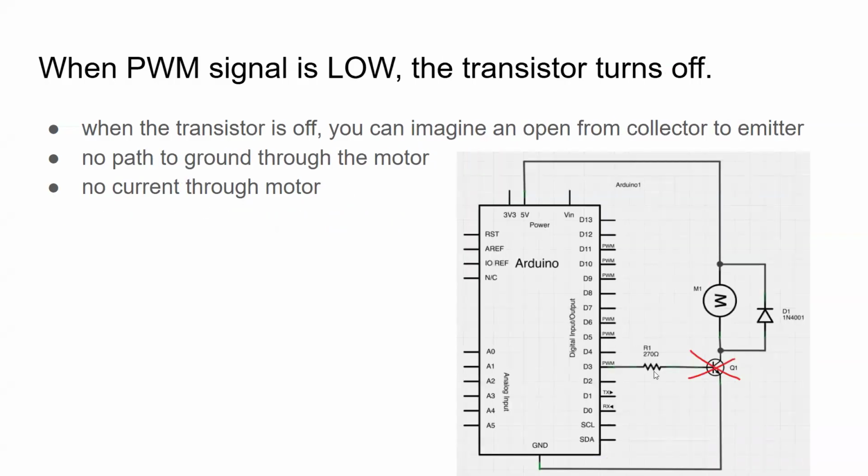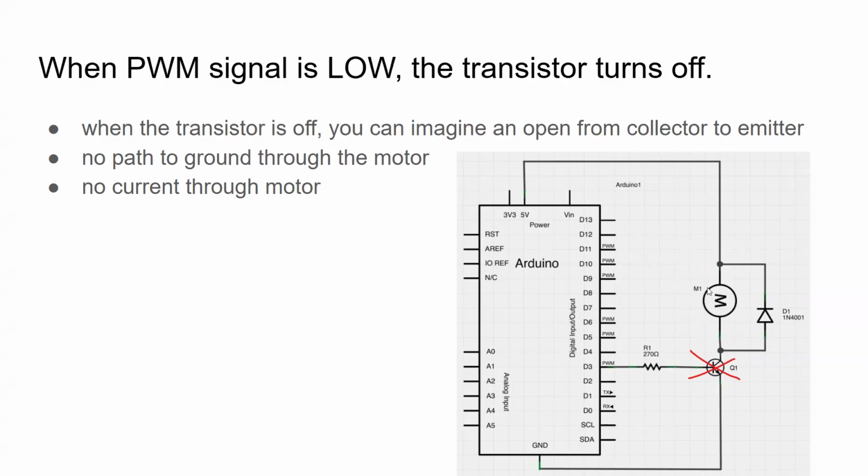When I have my PWM signal low, right, so this is effectively ground coming out of the digital pin, and the emitter is also connected to ground, well, you can think of that as opening up the circuit, right? So there's no longer any current flowing through the transistor. Practically there is a little bit, but for this simple first order analysis, there's basically no current going through. And so the motor is effectively switched off, right?